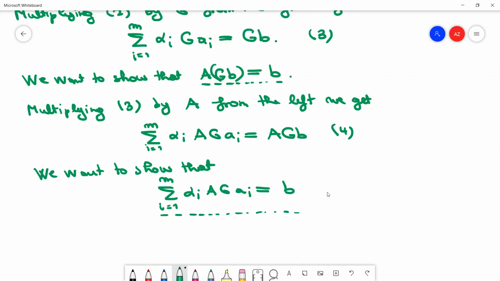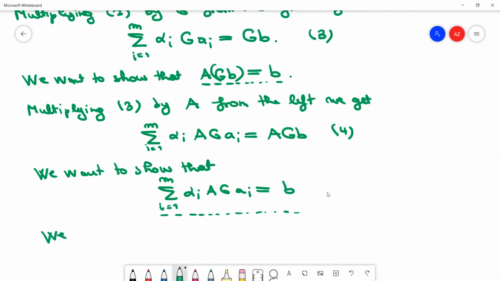So far we have never used the fact that G is a generalized inverse of A. So we have to use somehow this assumption that G is a generalized inverse of A. And here is the appropriate time to do this.